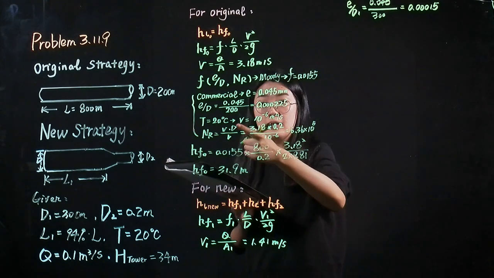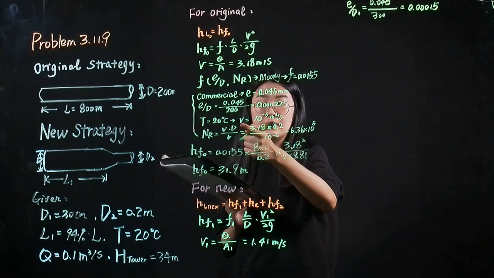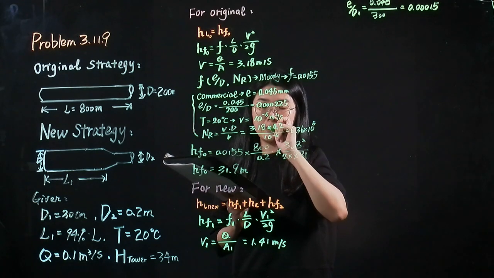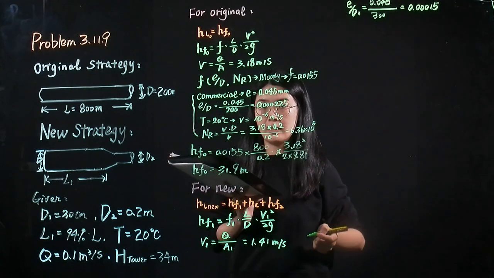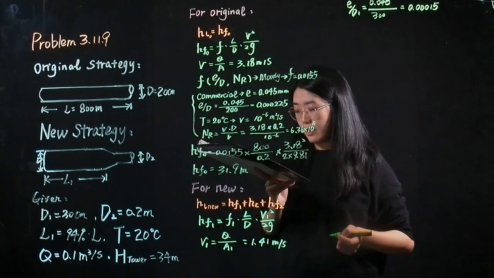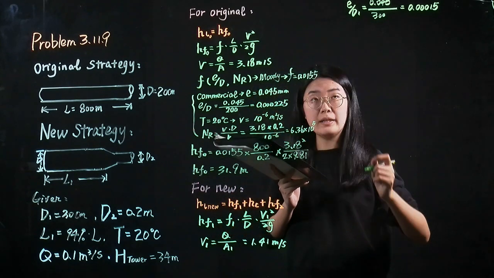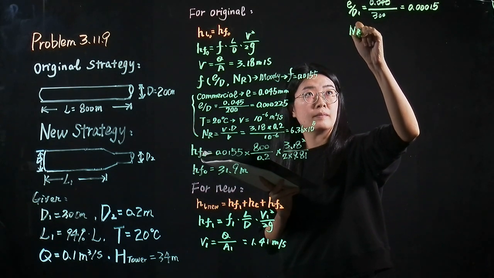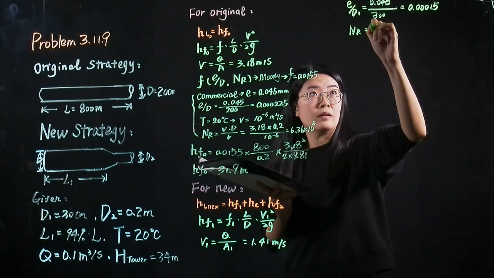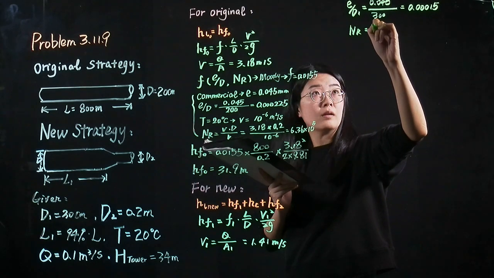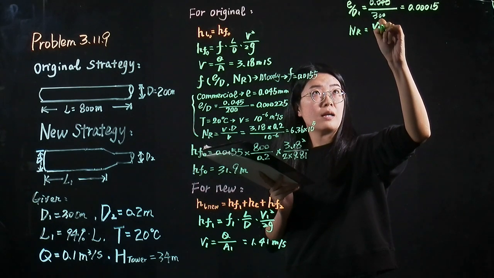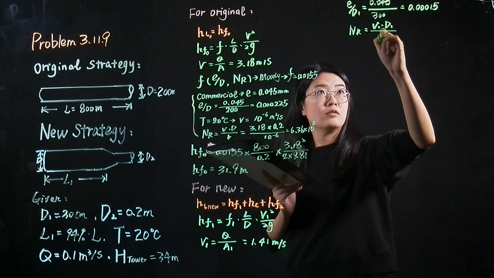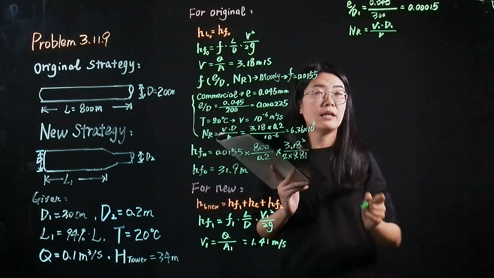And the kinematic viscosity stays the same, which is 10 to the power of minus 6. So the Reynolds number is velocity times D1 over kinematic viscosity.